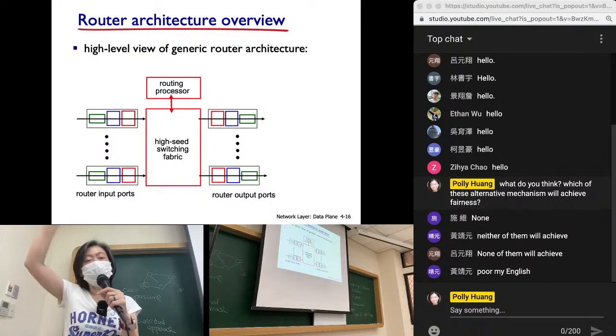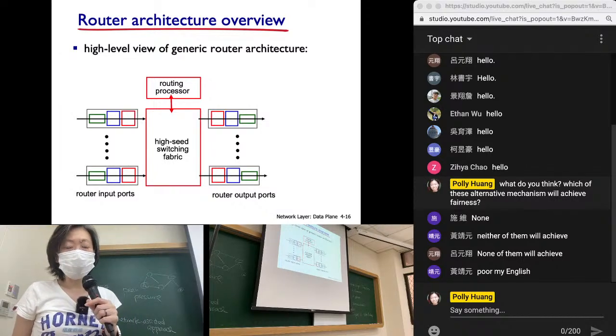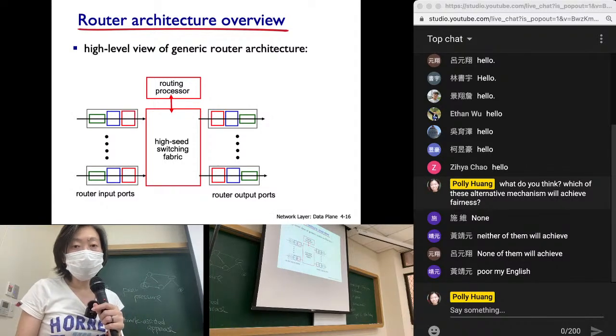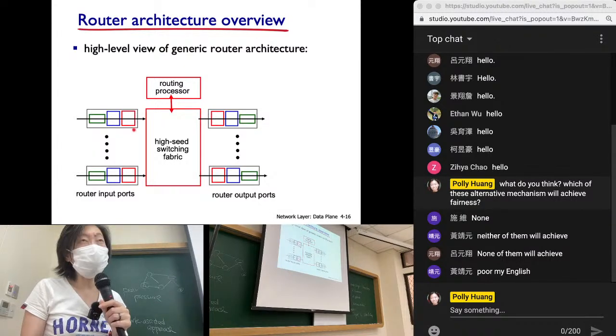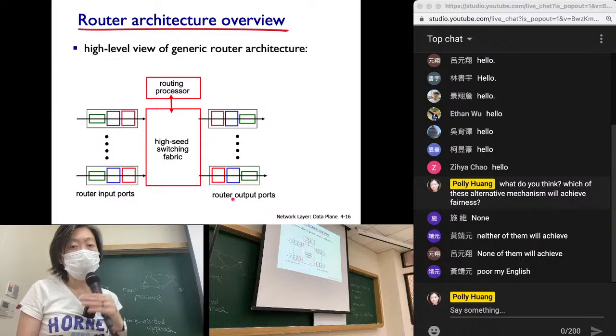It's drawn higher, so it's the control plane. And all these below, the big boxes with three small boxes, each of them is called a router input port, and is in the data plane. Switching fabric, also data plane. So are the router output ports.